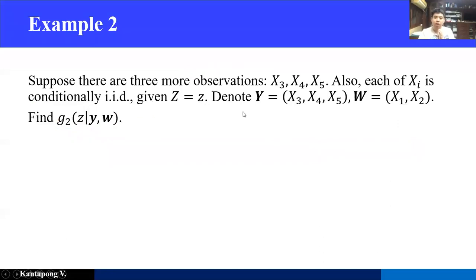The second example: suppose that there are 3 more observations, x3, x4, x5. Also, each of the xi are conditionally i.i.d. Denote them y, denote them w, and what we want to find is f2 of C given y and w. So what does it mean? It means that what we are given is, let's say, y, w given C. This one is easy, but this one is difficult.